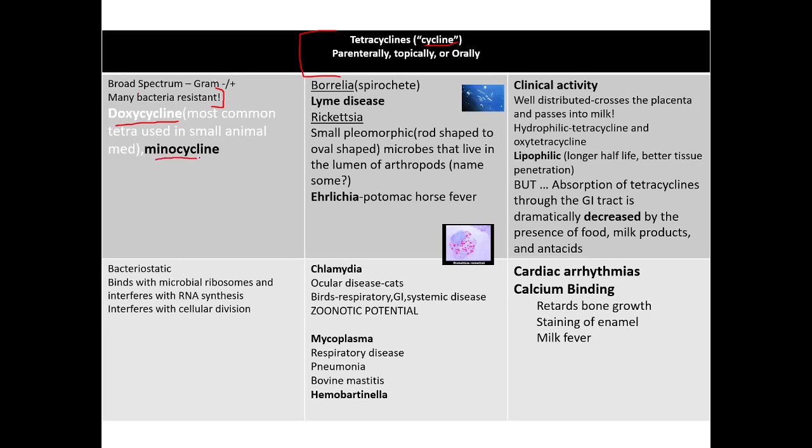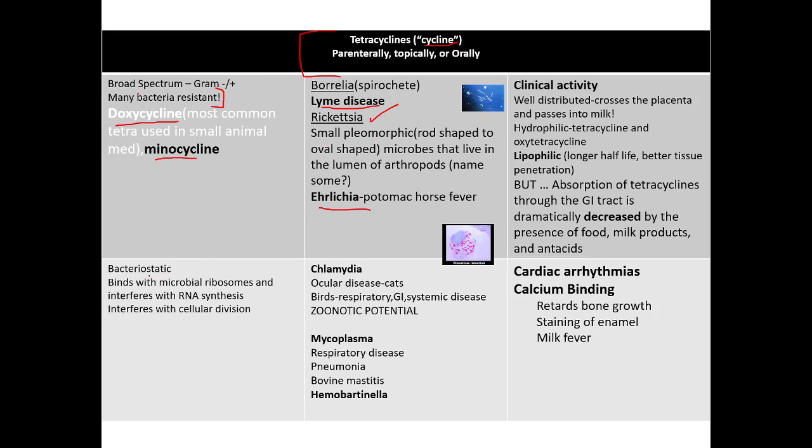Something very similar to doxycycline is minocycline. What do they treat? Borrelia, which is a spirochete. It's this spirally bacteria that you can see that is actually mobile, and that causes Lyme disease. We also use these for rickettsial diseases like Ehrlichia, which causes Potomac horse fever and Rocky Mountain spotted fever.